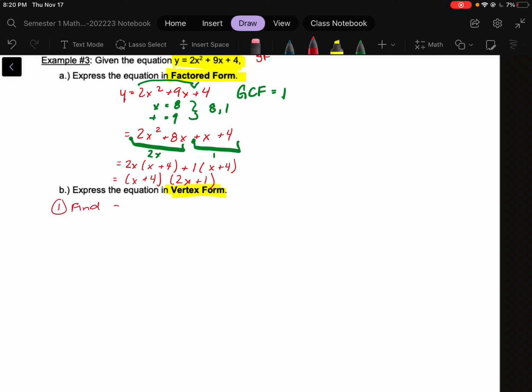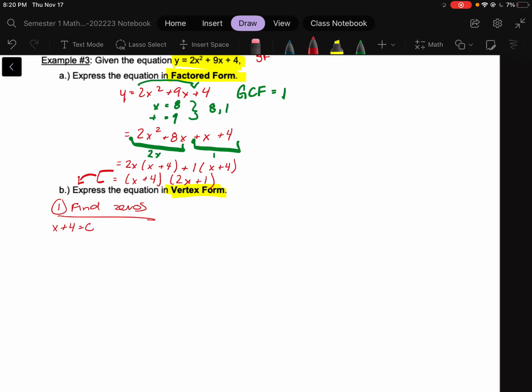Our first step here is to find our zeros. In order to find our zeros, remember our equation in factored form. Our equation in factored form was right here, so we're going to plug this information in.